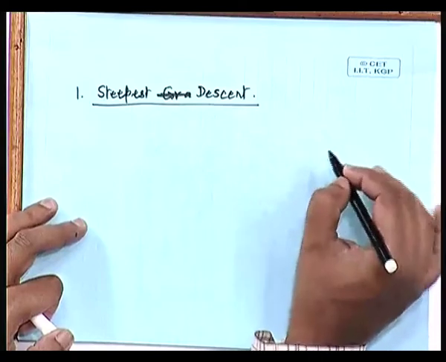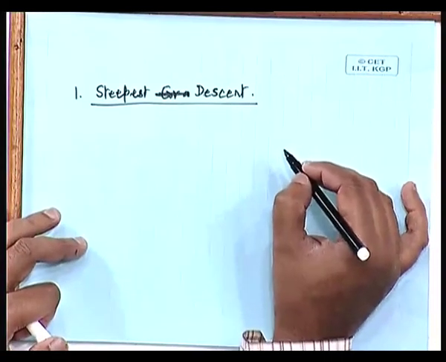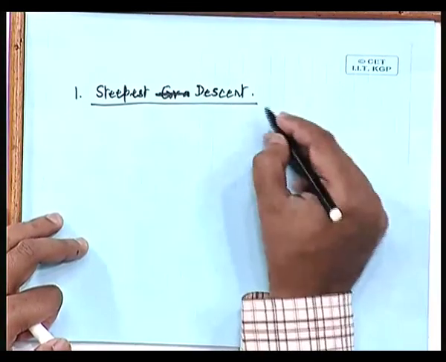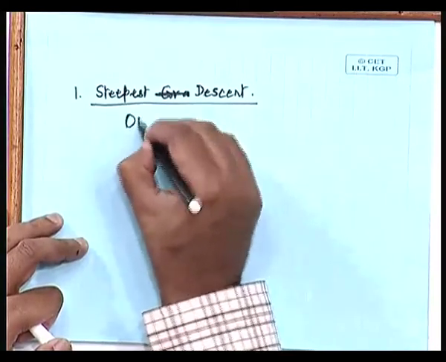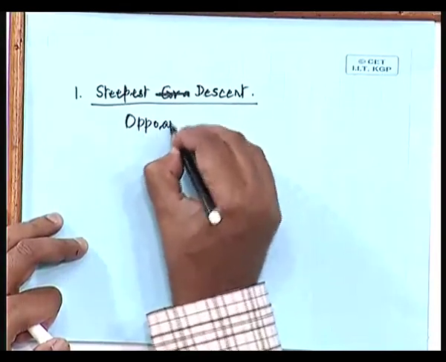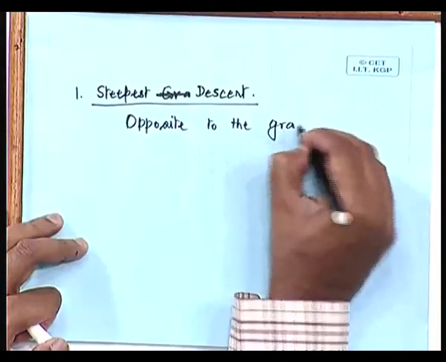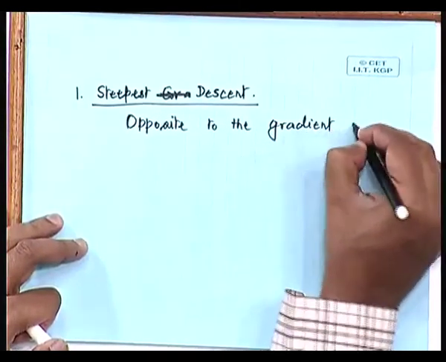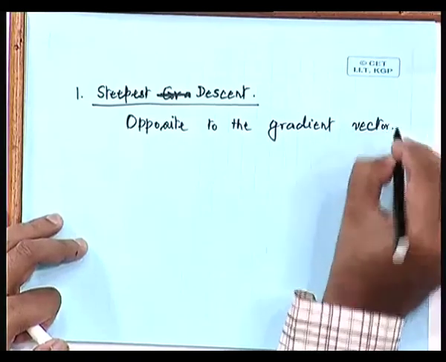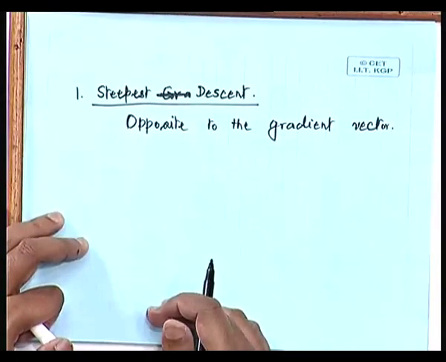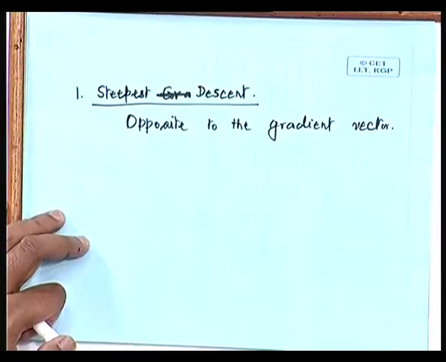Steepest descent, as you know, is traveling in a direction opposite to the gradient vector. You have to travel downhill, because the gradient indicates uphill, and that is why we travel opposite to that.